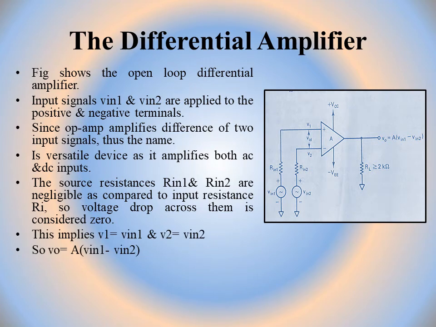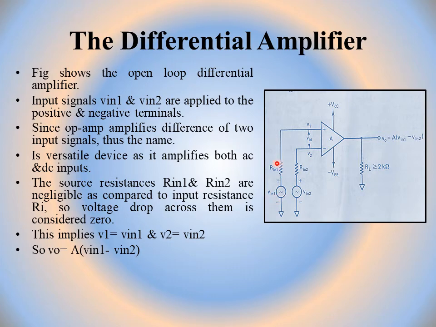This implies that V1, what is V1? V1 is the voltage applied at the non-inverting end. So if RIN1 is approximately negligible, then the voltage applied by the source is VIN1.